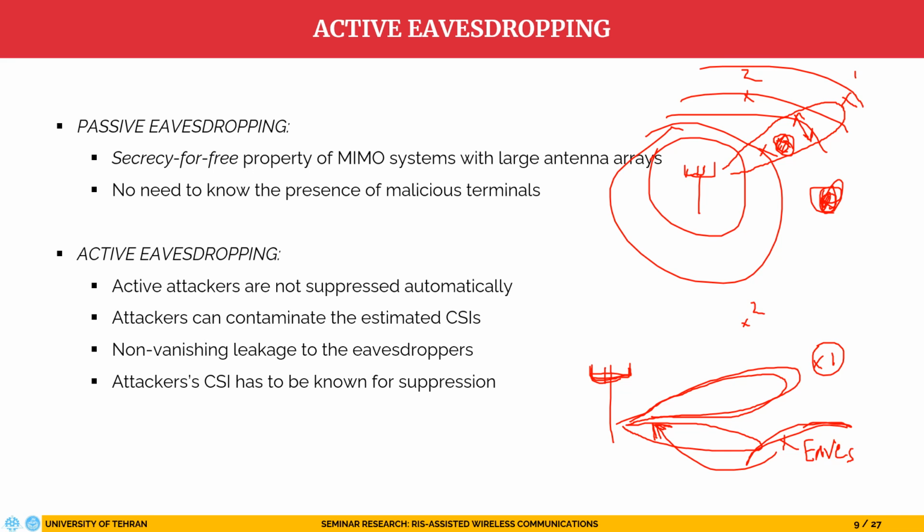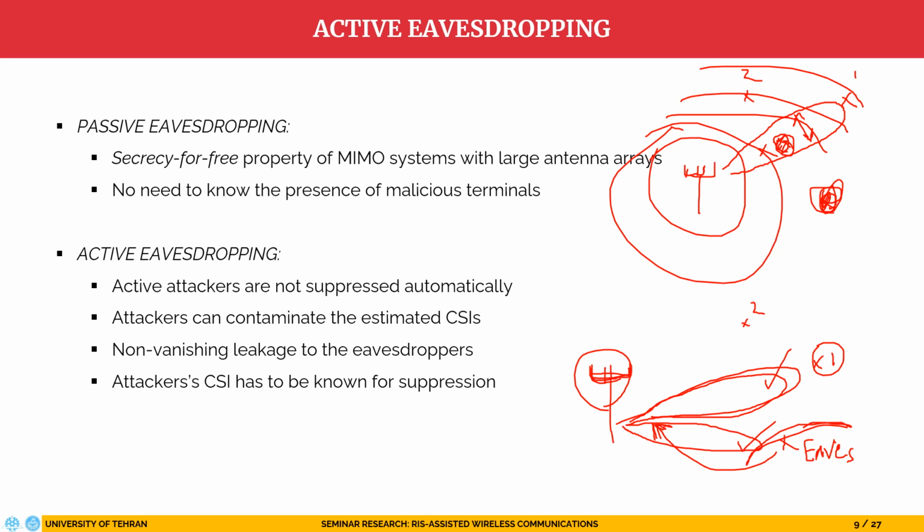By contaminating the CSI calculated by the base station, instead of sending the signal to just user 1, it also sends it to the active eavesdropper. So the active eavesdropper has the information which was intended to be received just by user 1. When eavesdropping happens here, this is a bad thing.